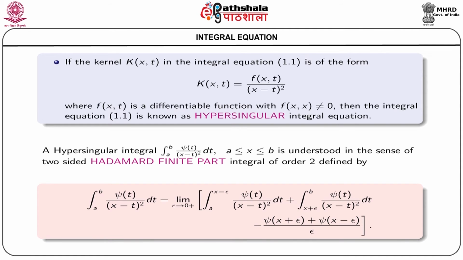Here the integral a to b psi t divided by (x minus t) whole square dt has to be understood in the sense of two-sided Hadamard finite part integral of order 2, defined by limit epsilon tends to 0 of integral a to x minus epsilon psi t over (x minus t) whole square dt plus integral x plus epsilon to b psi t over (x minus t) whole square dt minus [psi of (x plus epsilon) plus psi of (x minus epsilon)] divided by epsilon.